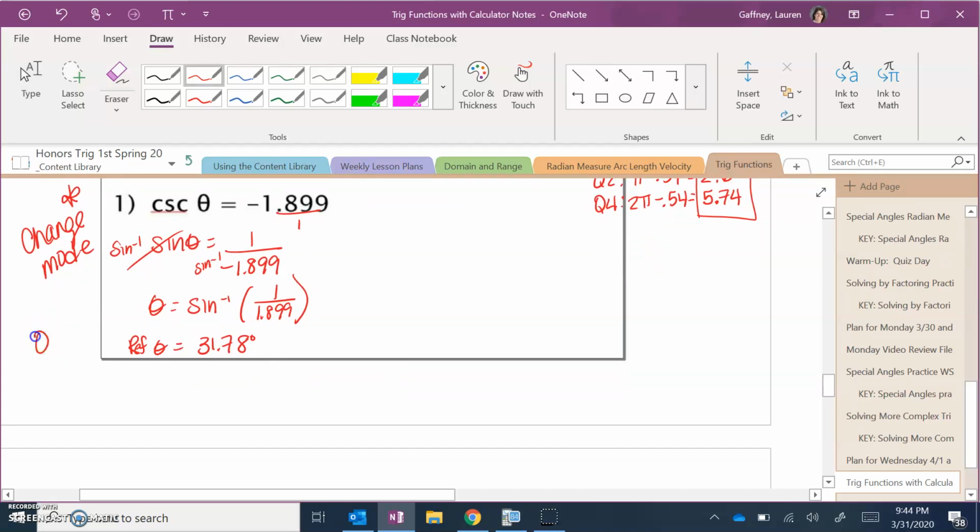But sine is negative in quadrants 3 and 4. So since we're in degrees, now we're going to use the whole 180, 360 thing. So let's take 180 and add on 31.78, and you get 211.78. For quadrant 4, let's take 360 and subtract our reference angle.